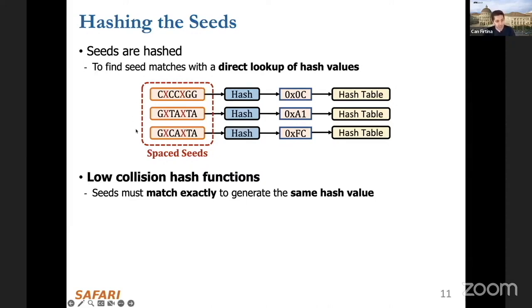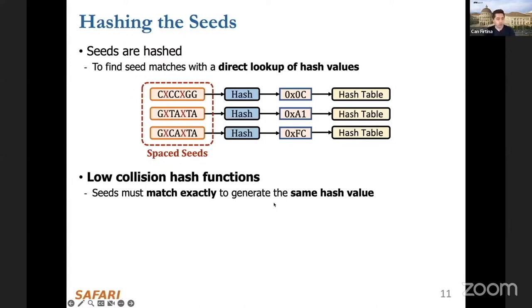So here, in this case, we have spaced seeds, and these seeds have to exactly match so that we can subsequently generate the same hash value and match them in the hash table.